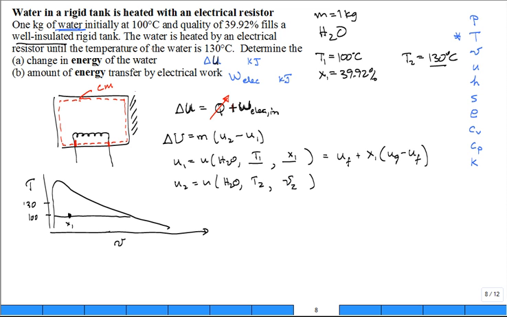Because he solved enough of these problems already, and he knows some of the patterns. When you have a rigid tank, the volume's not going to change, and the mass isn't changing. The ratio of the volume and the mass, you conclude V2 is equal to V1 with a little logic. Rigid tank. True?